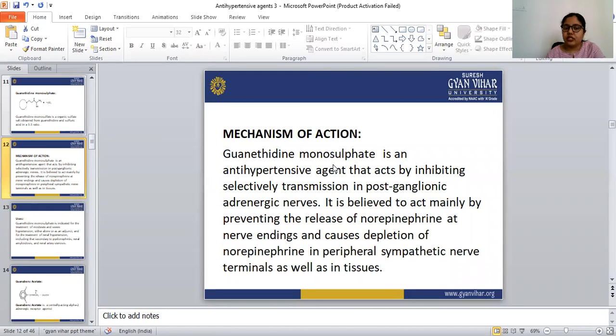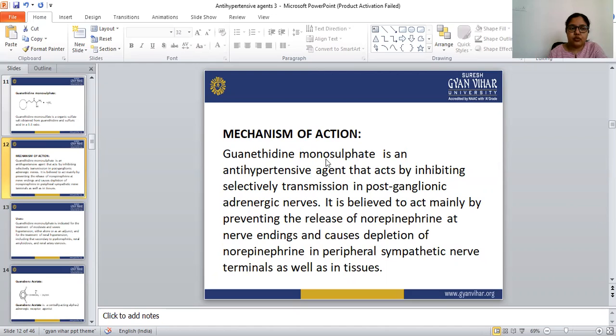So this is the mechanism of action of guanethidine monosulfate.